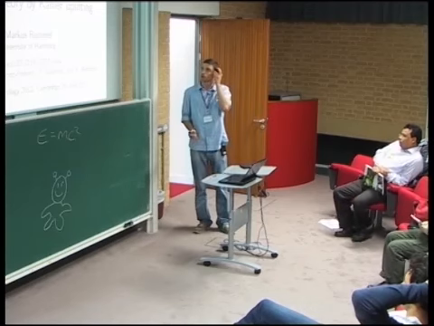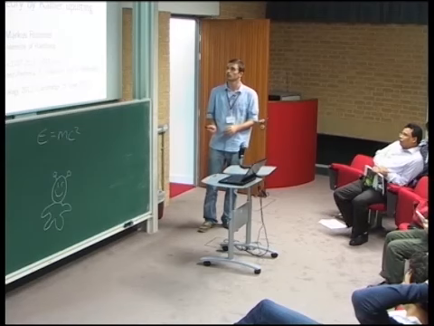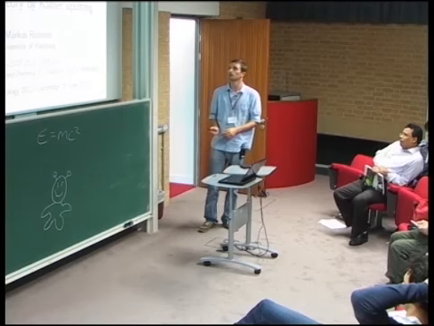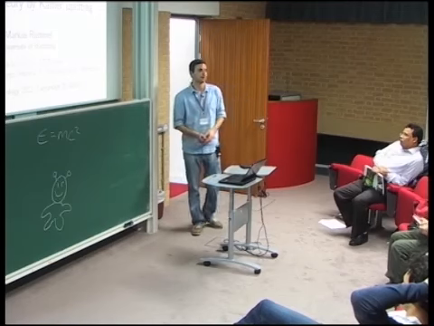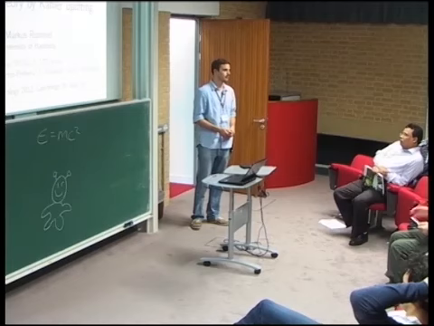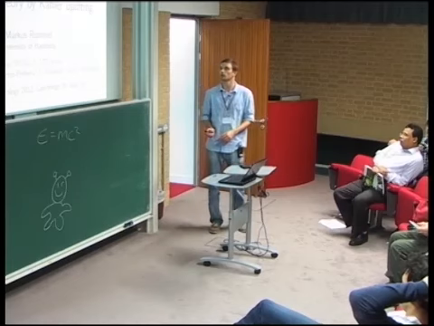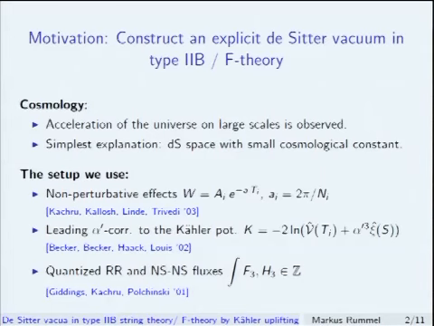And I want to talk about this general method of Kahler uplifting, one part, and in the other part I will present an example where we realize the de Sitter vacuum using this method. So I think I can be brief on the introduction.